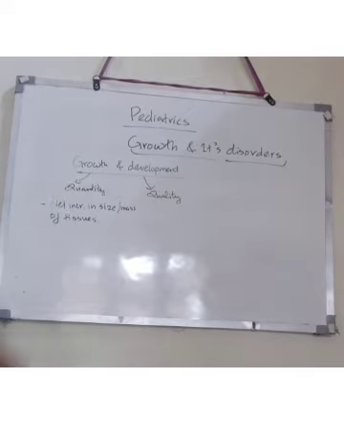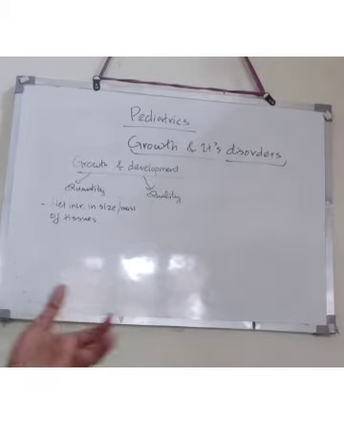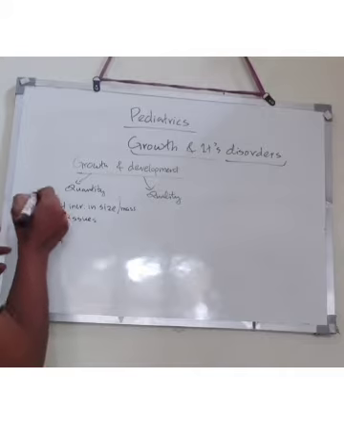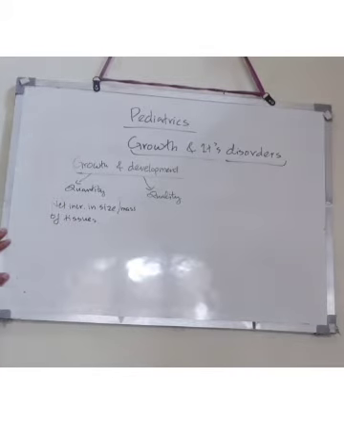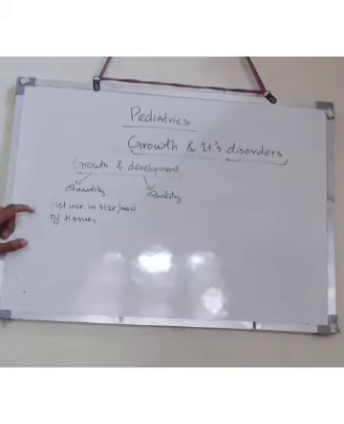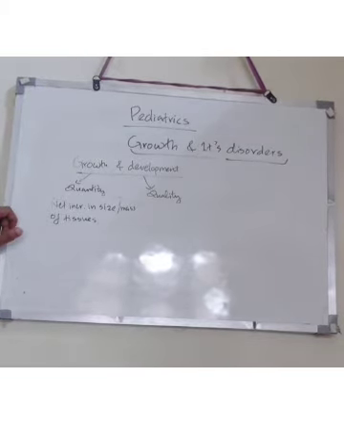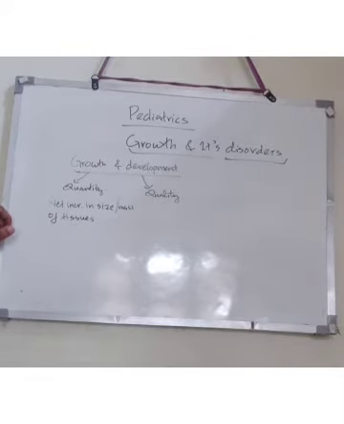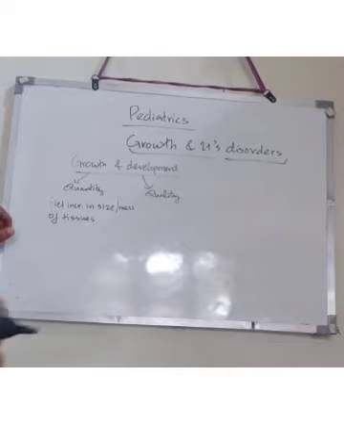So the term growth denotes a net increase in size or mass of tissues. The difference in size denotes growth, and it is largely attributed to multiplication of cells and increase in the intracellular substance.